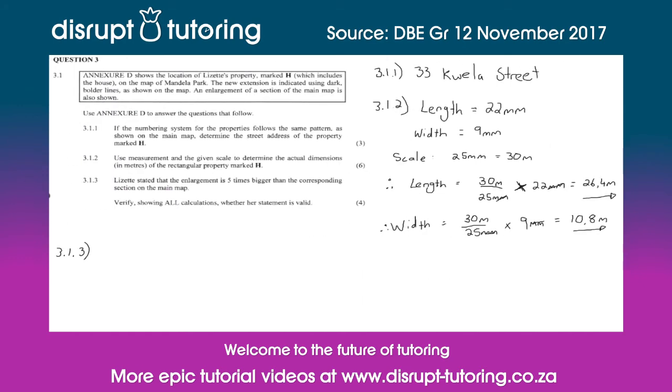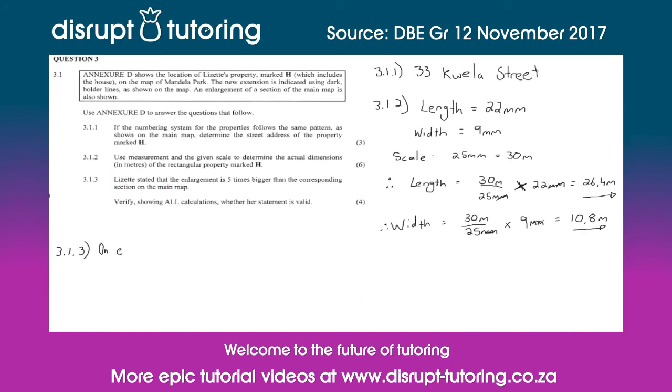So then going back, we'll write that on enlarged map, comma, your length equals 62 millimeters.